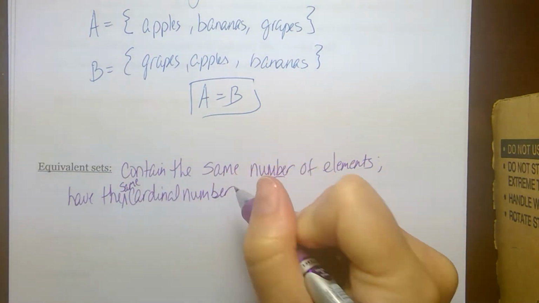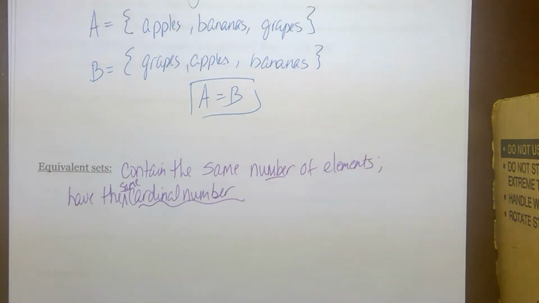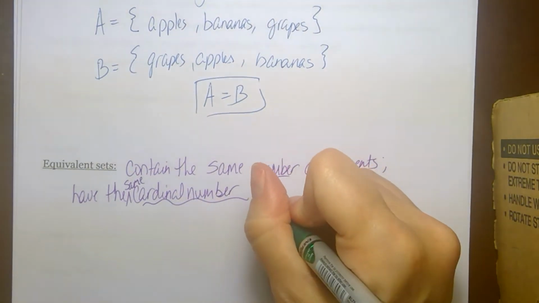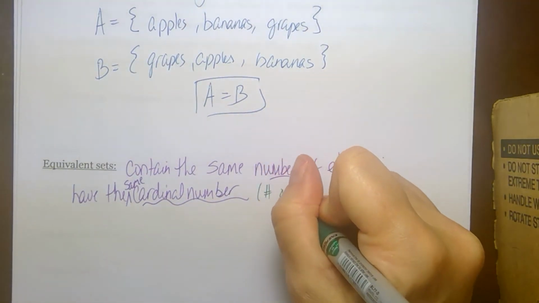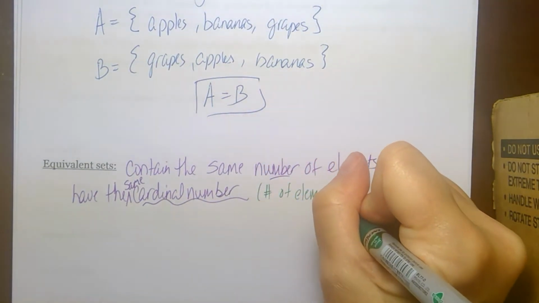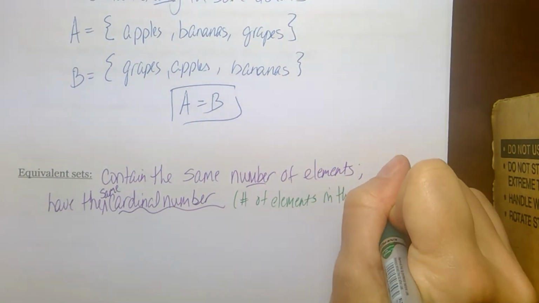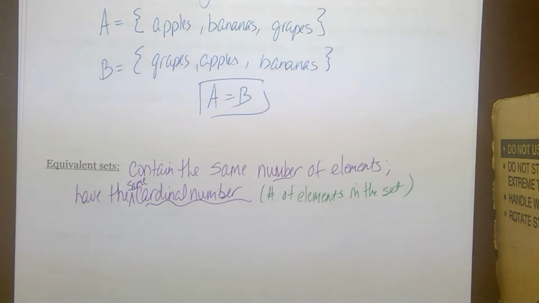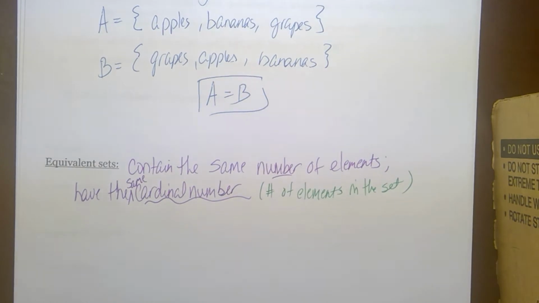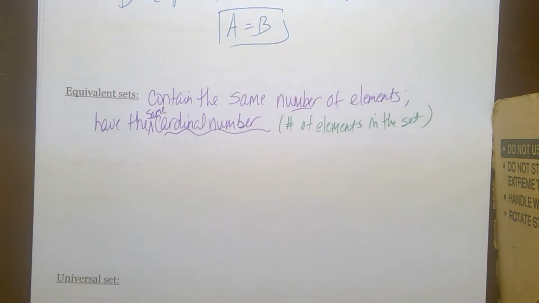The cardinal number tells me how many elements are in the set. So equivalent sets have the same cardinal number. They have the same number of elements, but not necessarily the same elements. Equal sets have exactly the same elements.